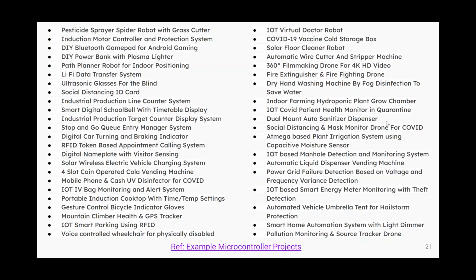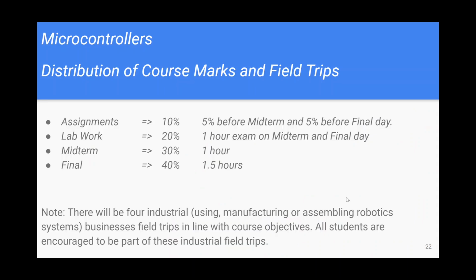Along with that, there are 4 industrial trips, though potentially fewer. The idea is visiting companies, manufacturing or assembling plants using robotic systems or any other systems where potential use of microcontrollers can be demonstrated.